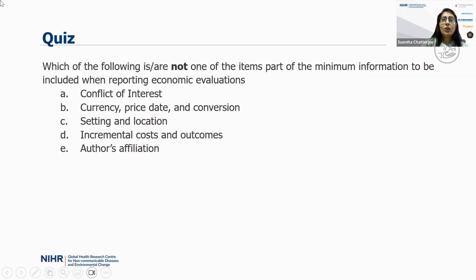Okay, so I have a quiz for you. Which of these is not there? Which of these you don't need to report in the CHEERS checklist?